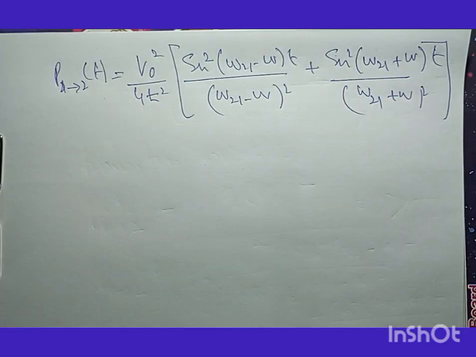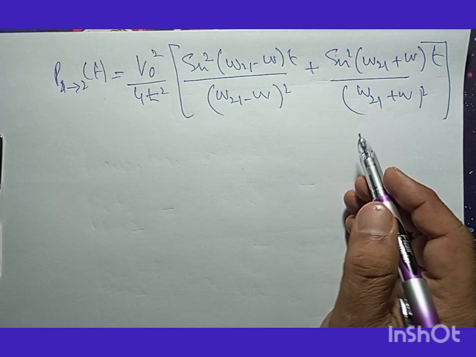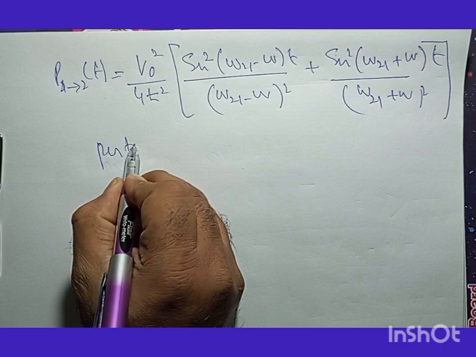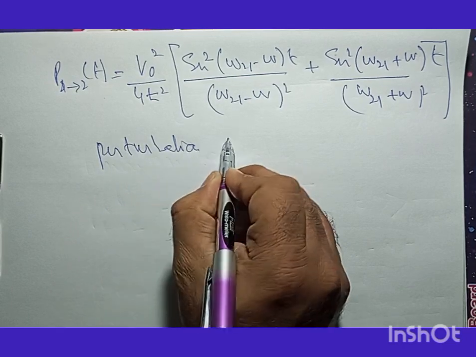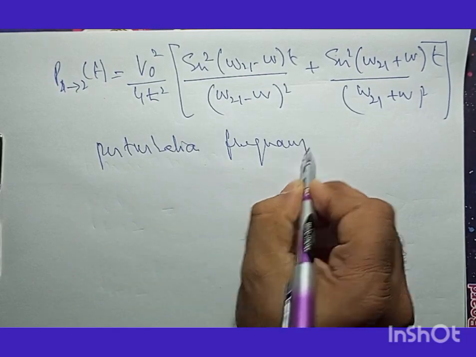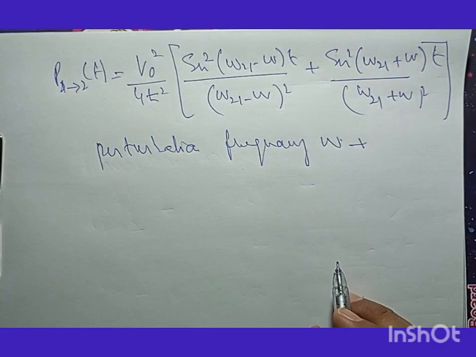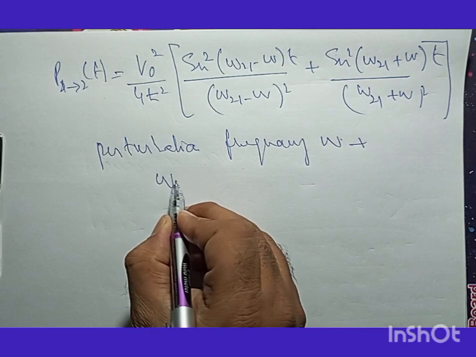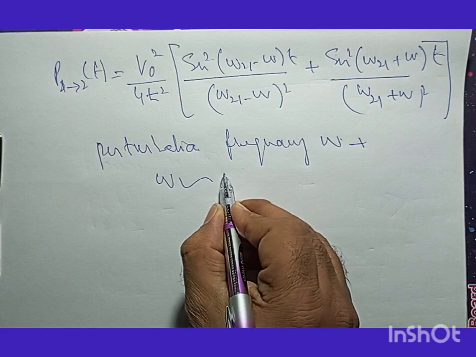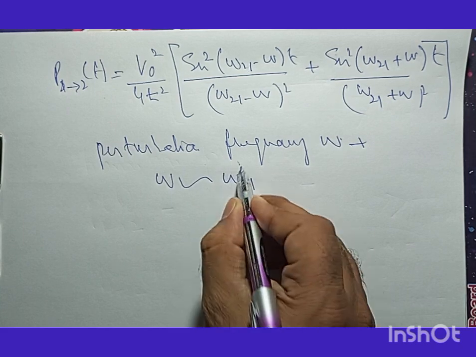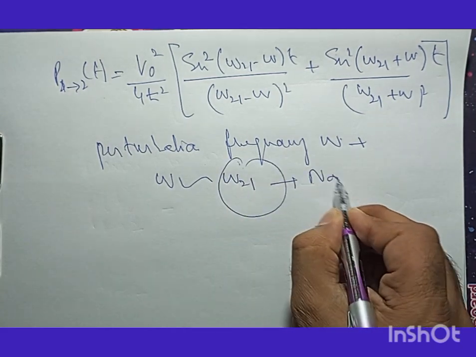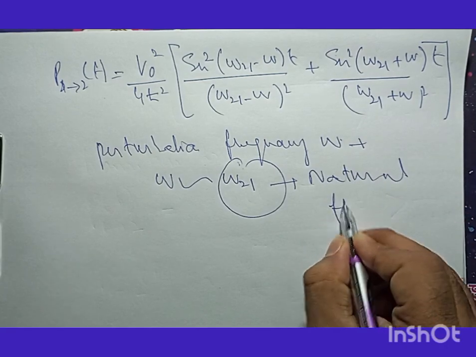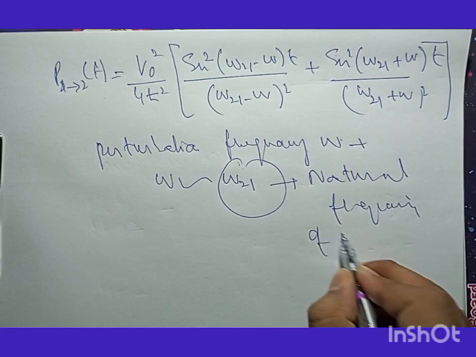All right. Now, what is our perturbation frequency here? The perturbation frequency is obviously omega. This is something coming from the outside to disturb the system. Consider when this omega is close to omega21, which is basically the natural frequency of the system.